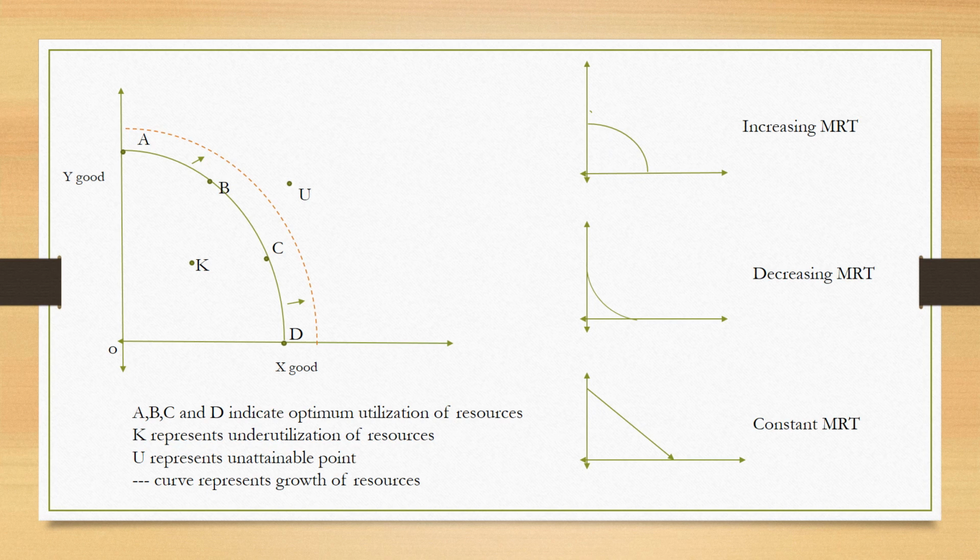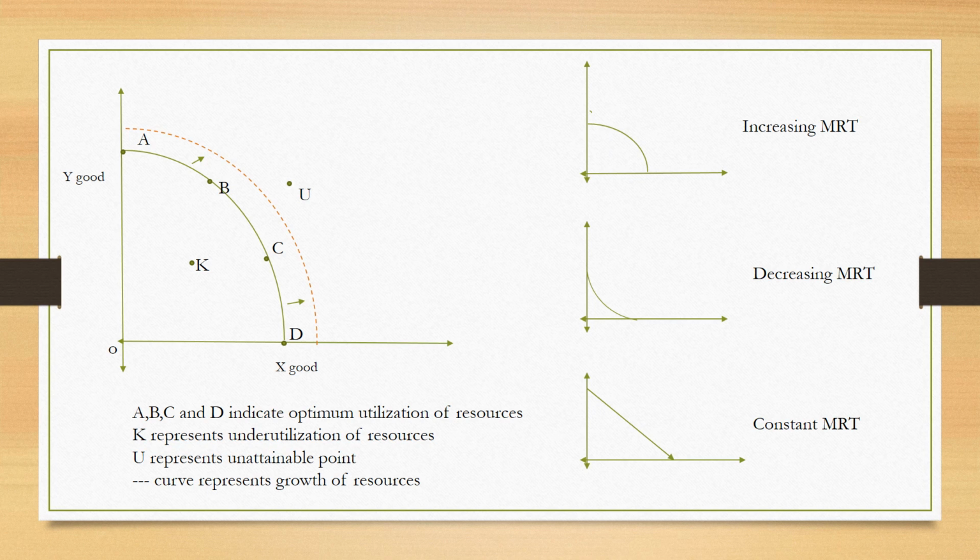So whenever there is growth of resources or technological upgradation, the production possibility curve will shift towards the right. Point U indicates an unattainable or unachievable point. The economy cannot operate at any point outside of the production possibility frontier.